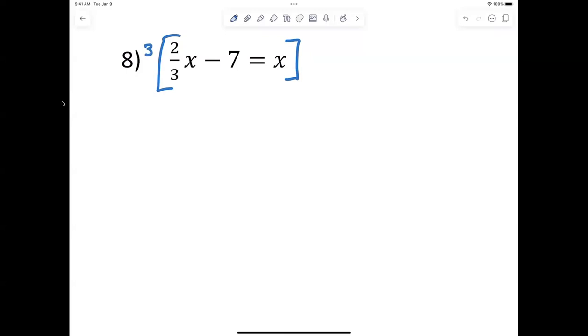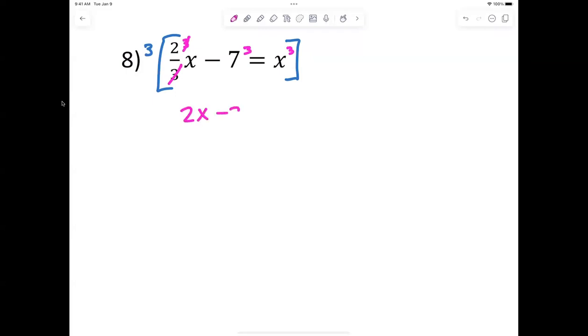Multiply each term by 3. So I'm going to multiply this by 3, this by 3, and this by 3. Why 3? Because the 3 here will then eliminate that 3. You with me? And so now I just have 2x minus 21 equals 3x.